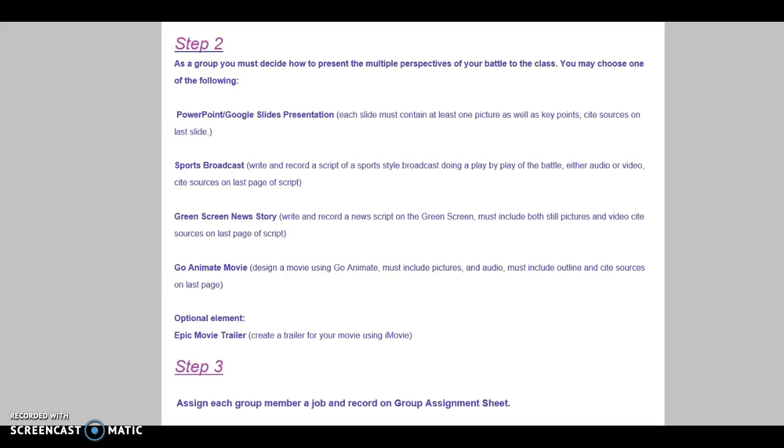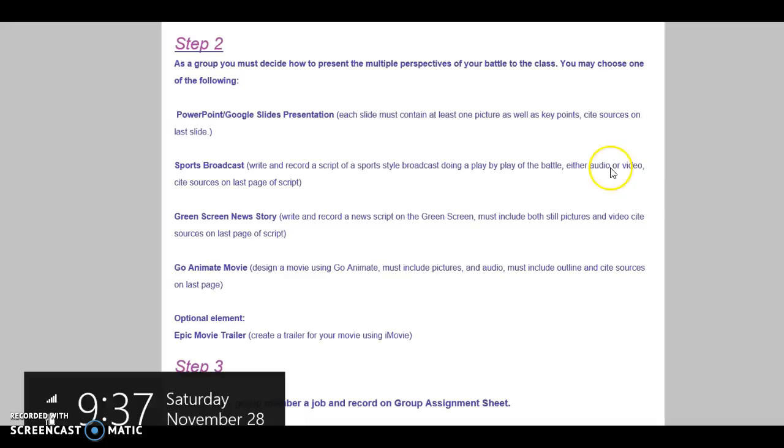So they could do PowerPoint or Google Slides, a sports style broadcast, and they could use the Paper Slides app for that, or voiceover on a slide presentation, or they could use screencast, or one group actually used Audacity and did a radio style sports broadcast.